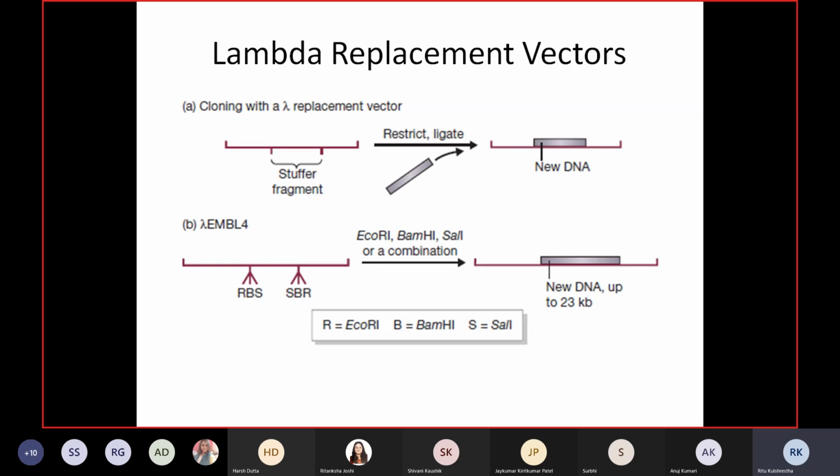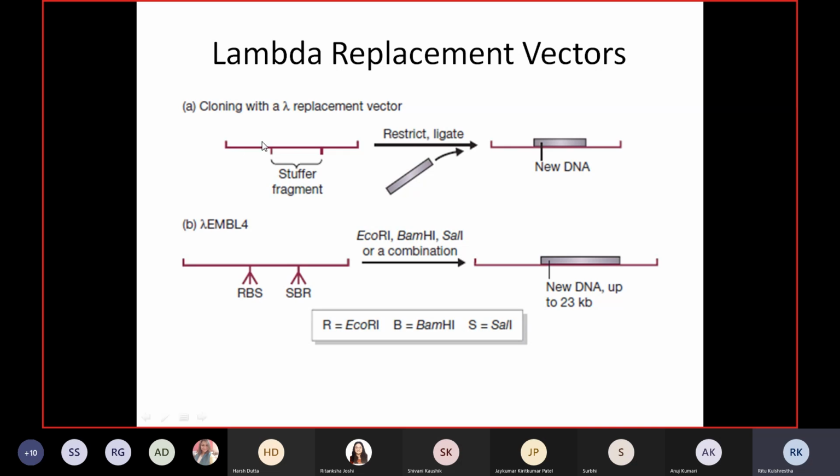Now coming to the replacement vectors. Here they removed a further region of the lambda genome, again one which was not essential. Then they maintained it by adding a stuffer fragment, which is nothing but some random fragment, just to maintain the vector inside bacteria.